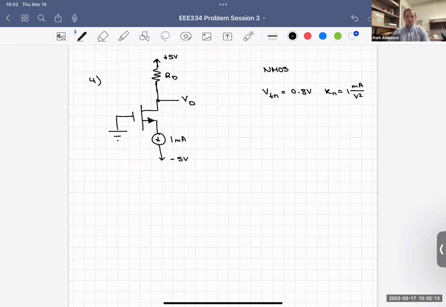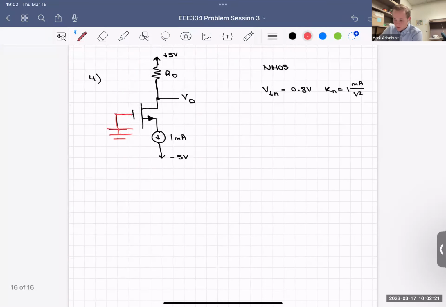What do we know? Well, if you remember from the last one, this gate is tied to ground, and we have nothing else connected here. The current here is going to be the same as the current here. So we know the current is 1 milliamp.